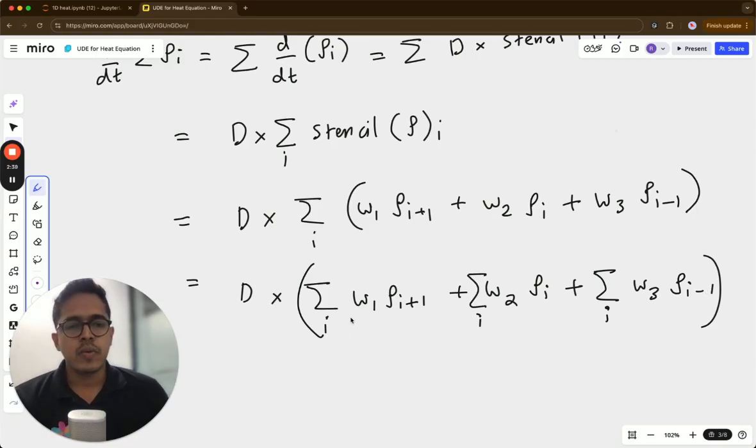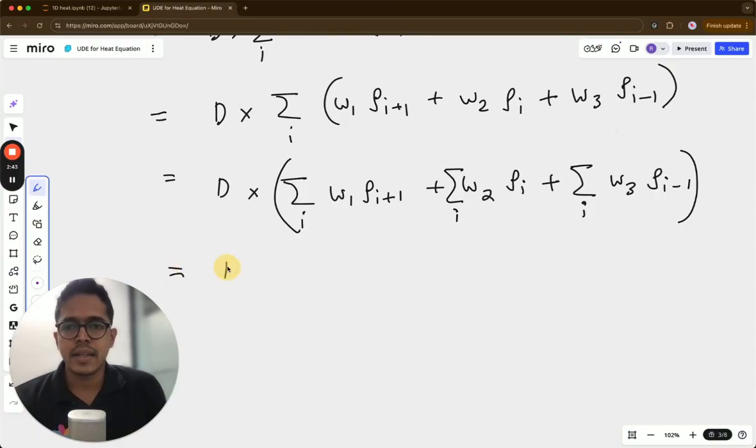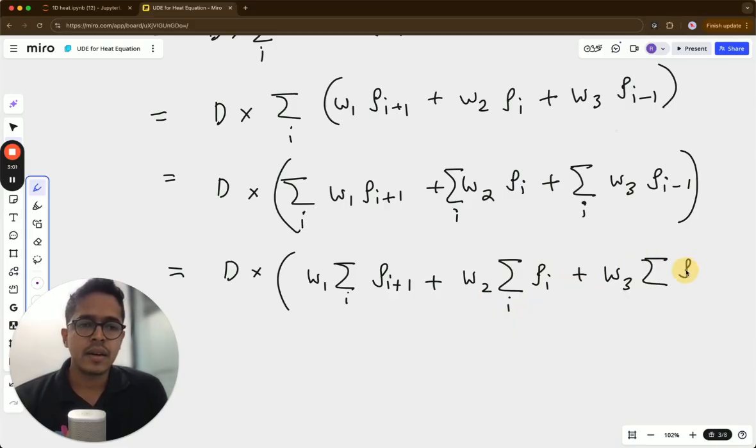Here W1, W2, W3 do not depend on the index I, so they need not stay inside the summation. So this can also be written as W1 sigma I rho I plus 1 plus W2 sigma I rho I plus W3 sigma rho I minus 1.